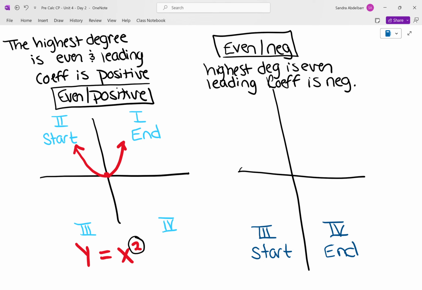When you're even and negative, you start in quadrant 3, you end in quadrant 4. An example of that would be y equals negative x squared. So all I'm focusing right now is the end behavior, where it's starting and where it's ending. That's all I'm having you focus on right now.